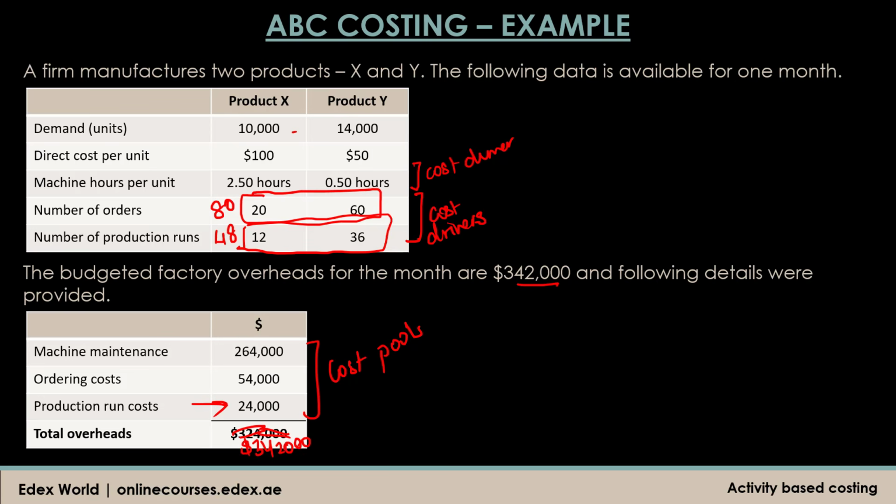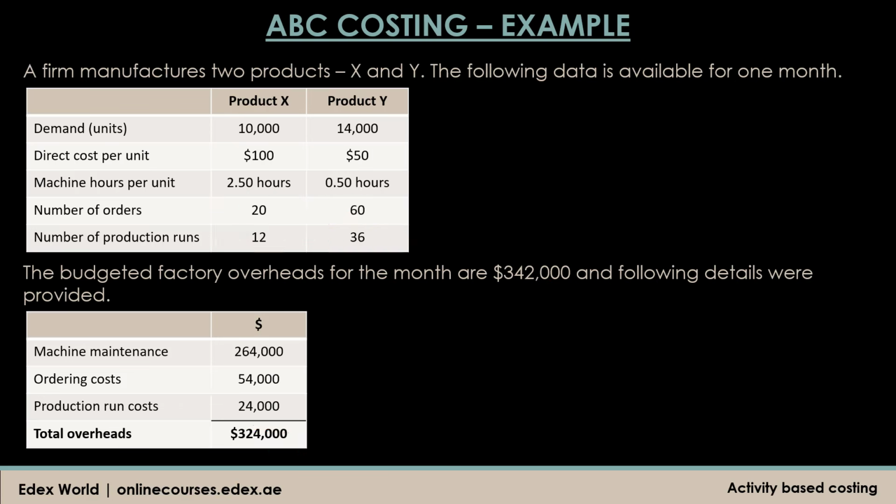And we've already calculated the total machine hours required for product X and product Y in the previous slide. If you remember, it was 25,000 for product X and 7,000 for product Y. So overall the machine would run for 32,000 machine hours, and that would lead to a machine maintenance cost of 264,000.